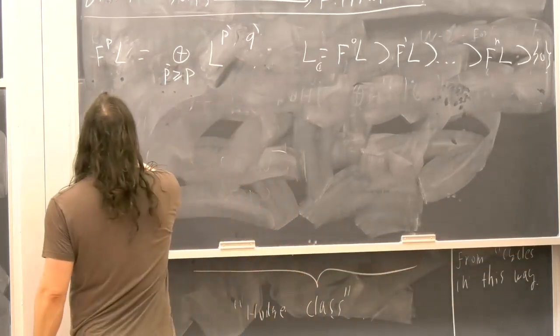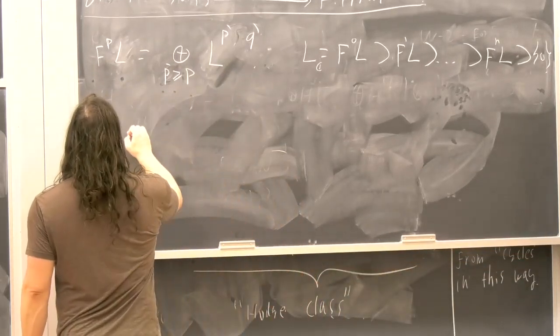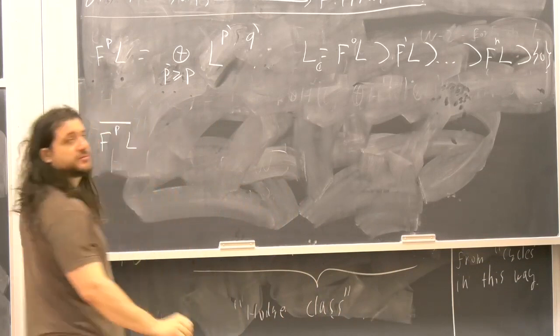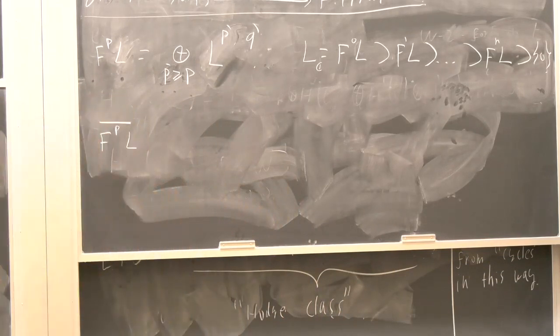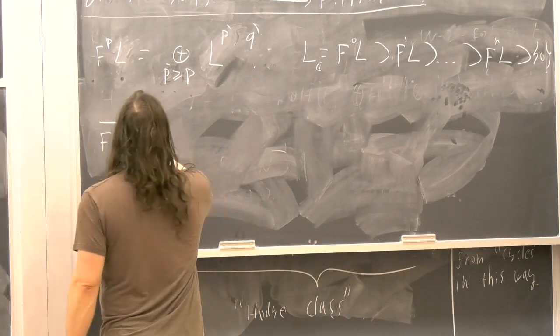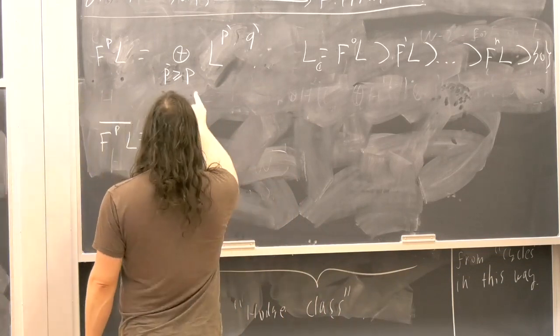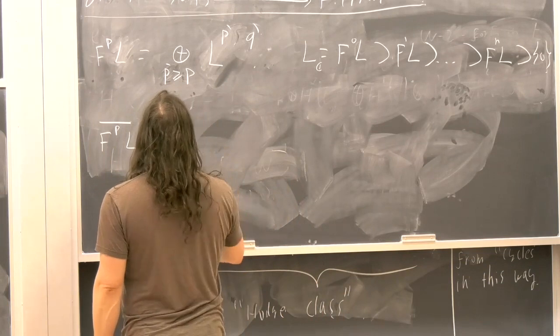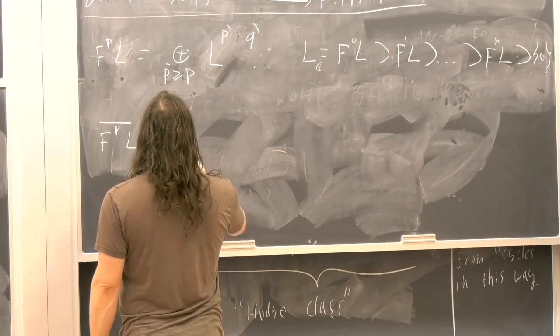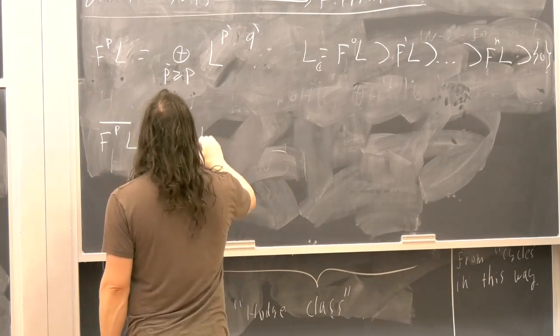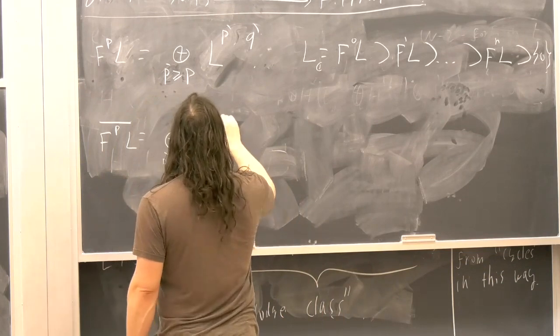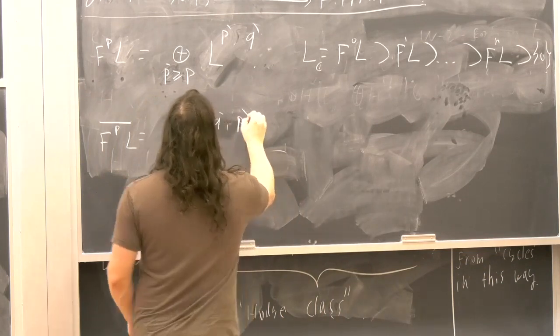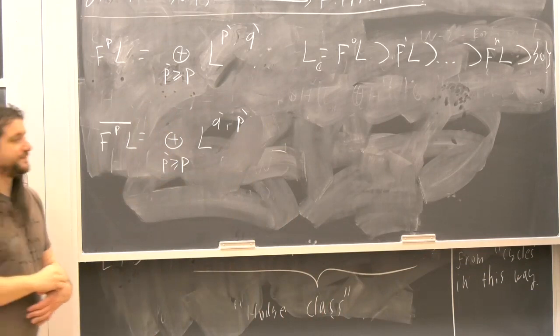Well, it's very simple. If we look at F^P L bar, we're inside a complex vector space with a real structure, in fact, a rational structure, so we can conjugate. What's that? Well, it's a direct sum over P prime, at least P, of L_{P',Q'}.